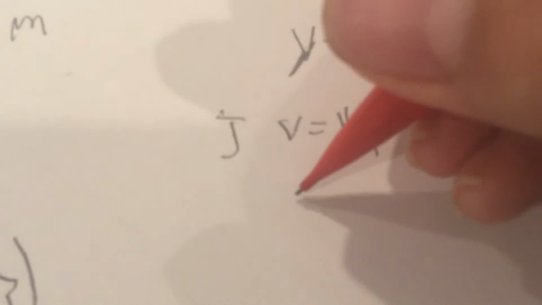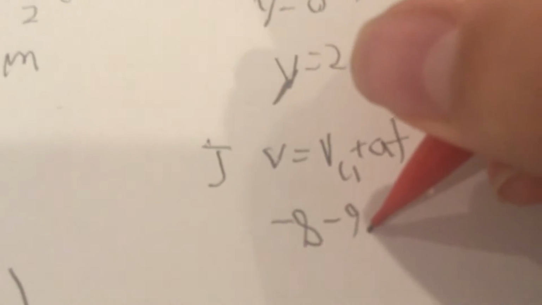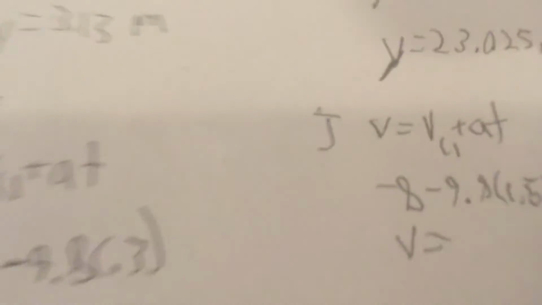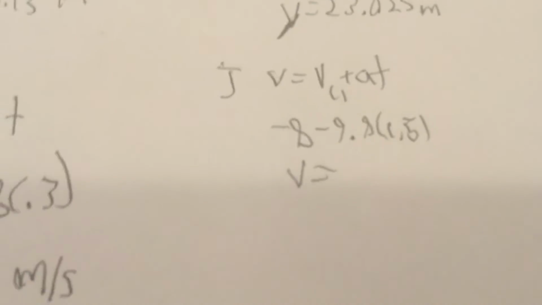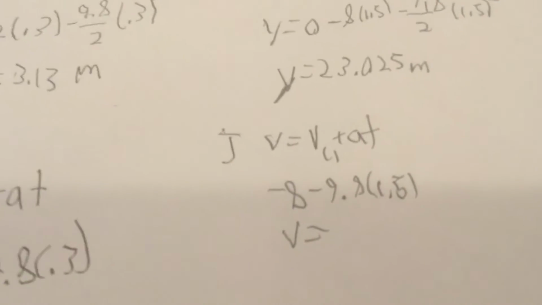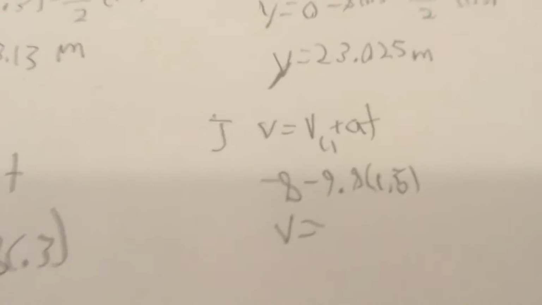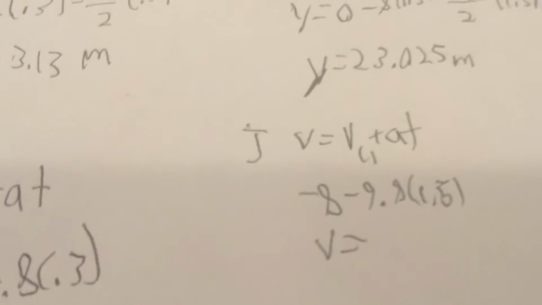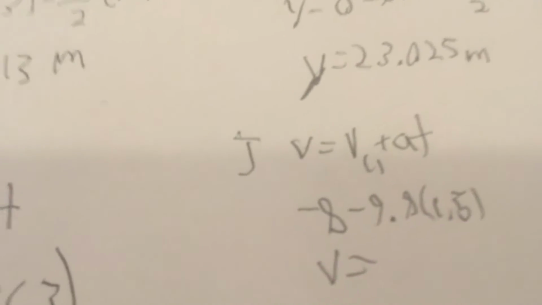We know that V is equal to -8 minus 9.8 times 1.5. We plug that into the calculator: -8 minus 9.8 times 1.5. -22.7 is the answer, and that's correct.